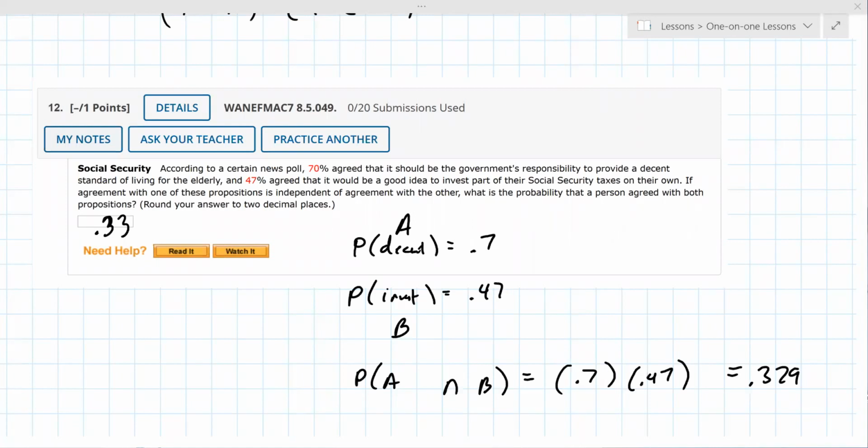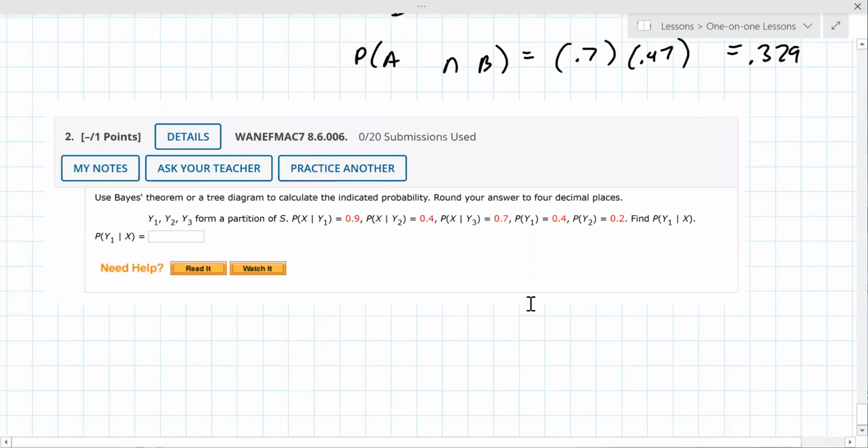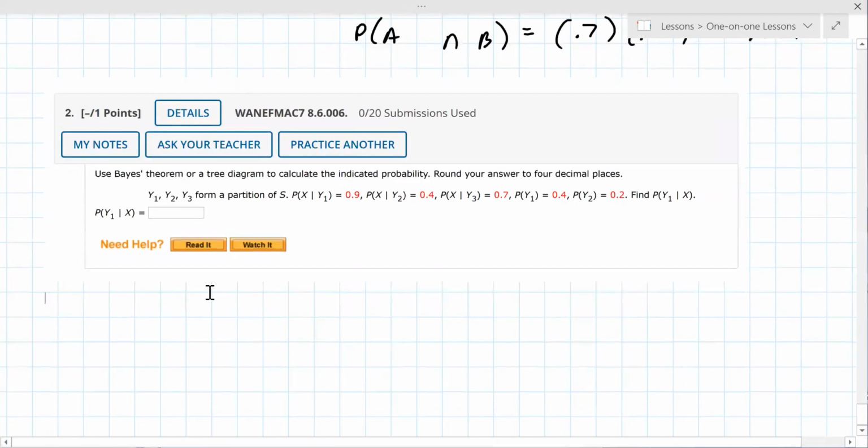Okay, so these, boy, where do we even start here? Okay, I think I can start this one. Okay, so we're skipping number 1 intentionally. So it says y1, y2, y3 form a partition of S. That sounds confusing, but what it is that there's kind of a tree here.